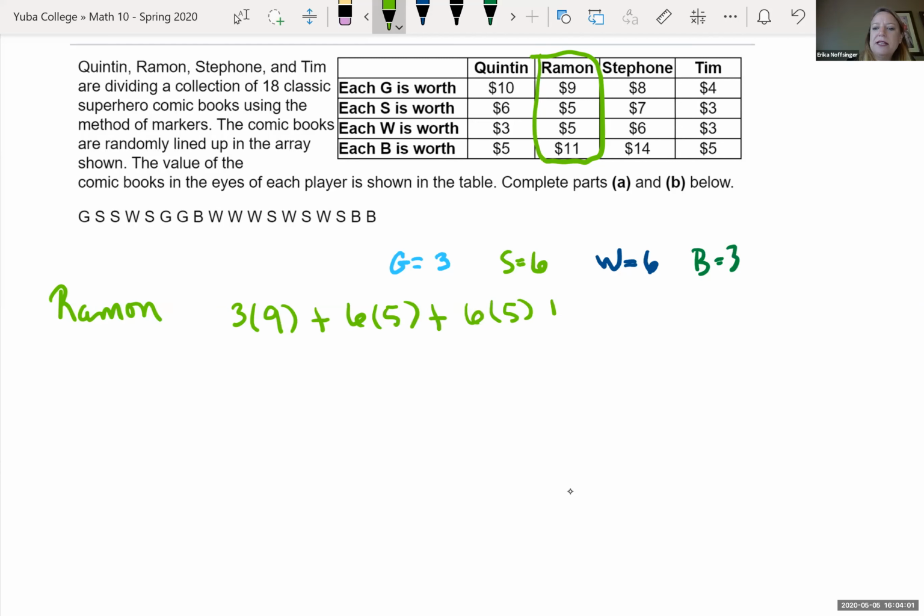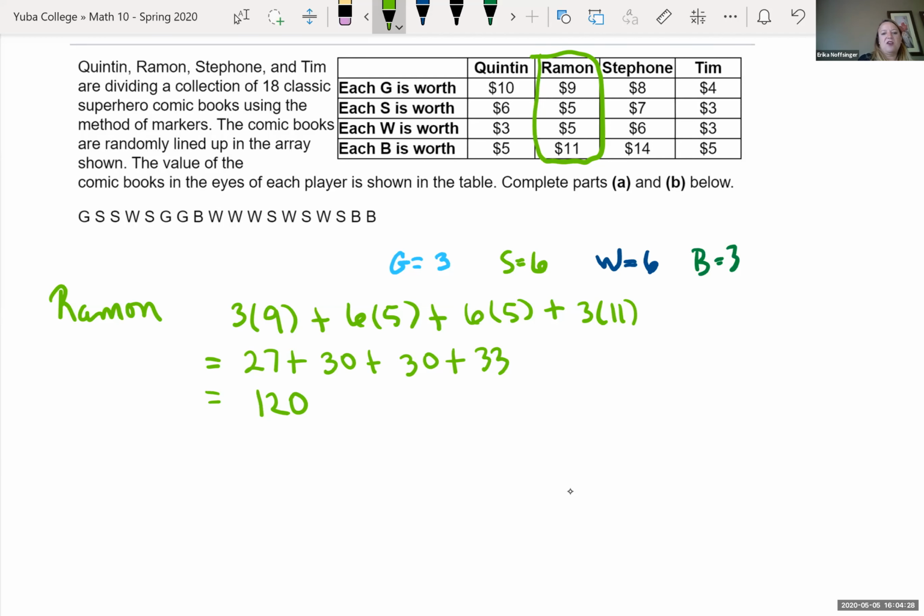Plus B, he believes that's $11, so 3 of those at $11. So 3 times 9 is 27, plus 6 times 5 is 30, plus 6 times 5 is 30, plus 3 times 11 is 33. So that's 120.